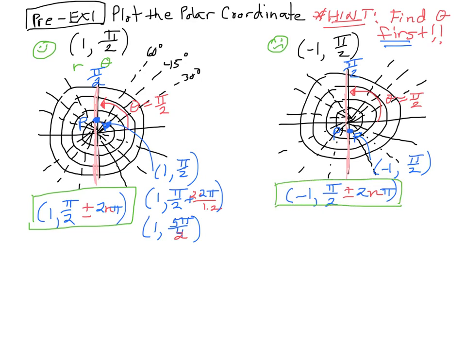But now that we've talked about plotting a -r, what would happen if I changed this -r to a positive r, maintaining the same theta? How am I going to get back to here? Because if I plot this, we're plotting what we had over here, right? So if I plot this, we go pi over 2, there's the terminal side, and if it's +1, then I'm going to plot right here. r is positive.